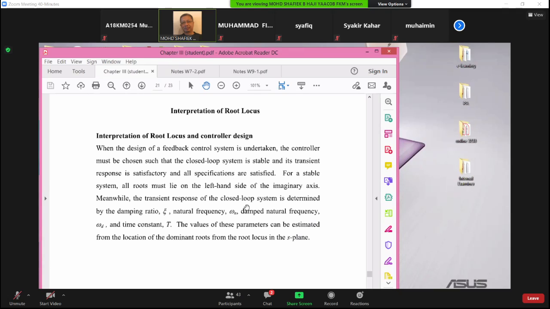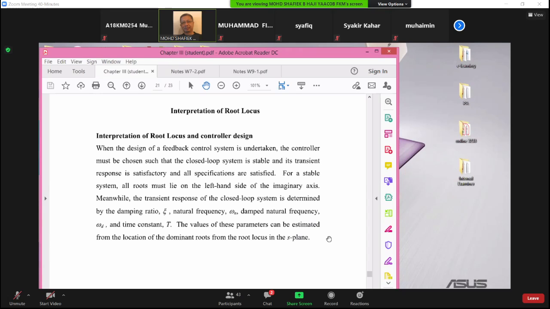How can we choose the value of K, which is the controller gain, so that all these criteria can be met? For a stable system, all roots must lie on the left-hand side of the imaginary axis. We don't want to choose the value of K such that a root is on the right-hand side of the imaginary axis.